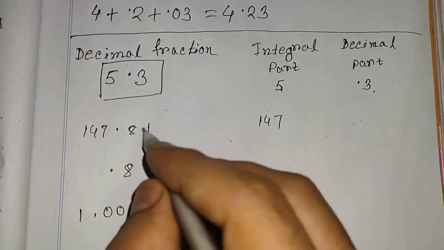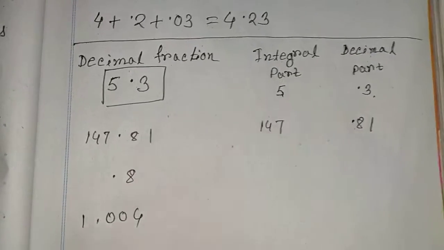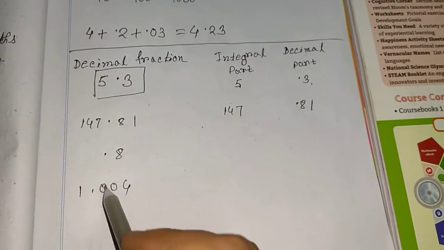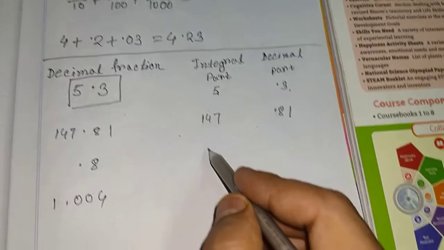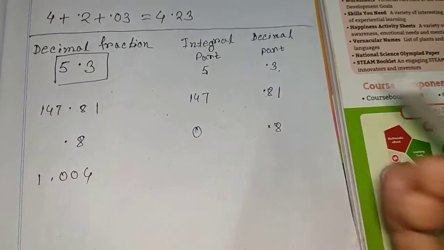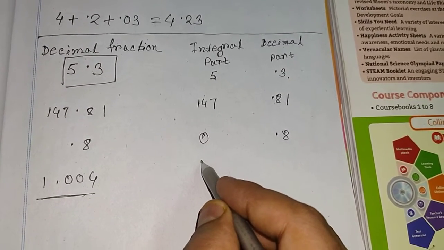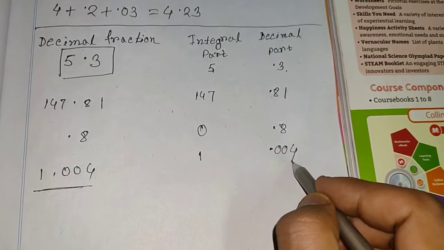And what is the decimal part here? 0.81. In the next number there is no integral part, so we write 0 here and the decimal part is 0.8. And in the last number the integral part is 1 and the decimal part is 0.004.